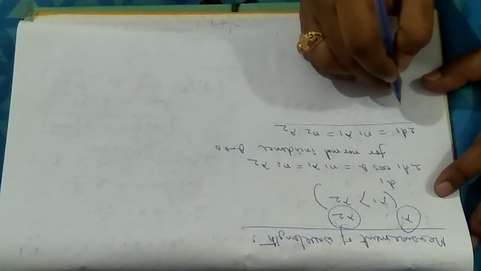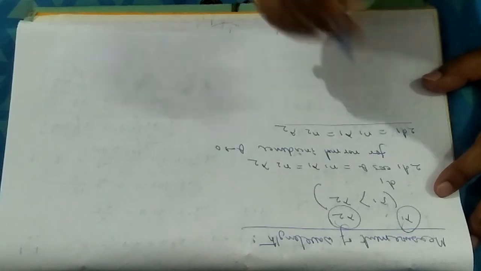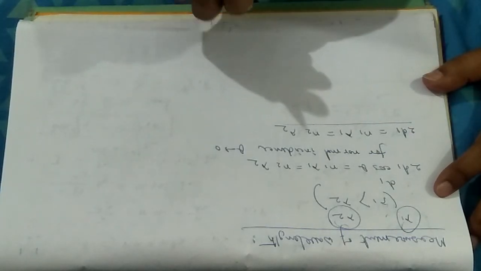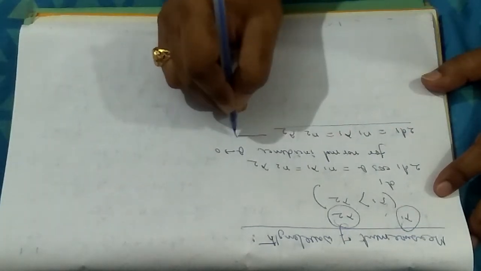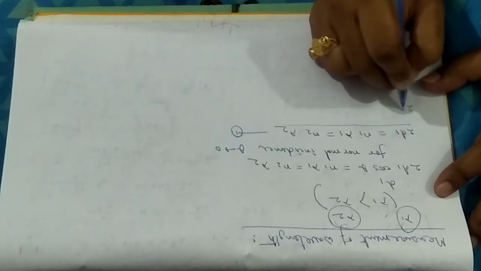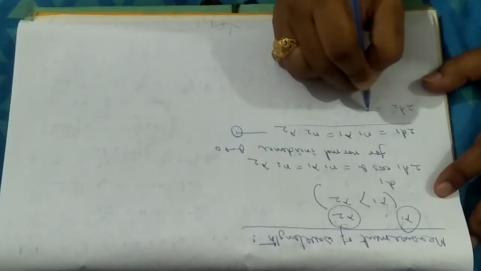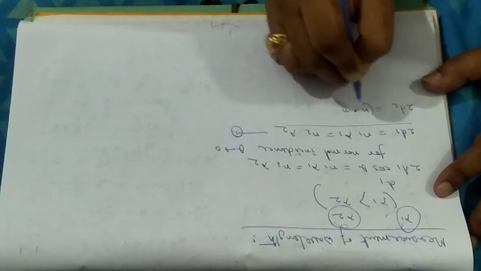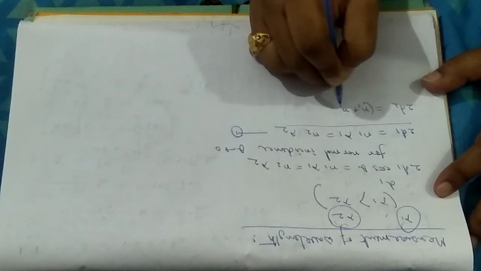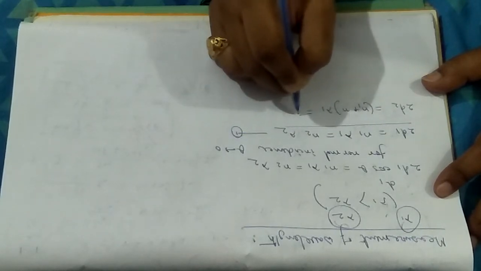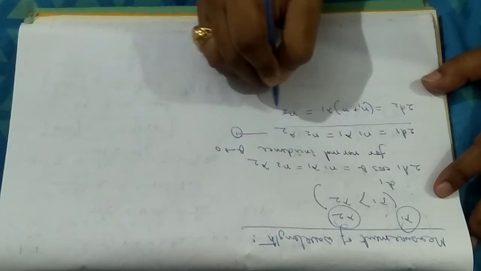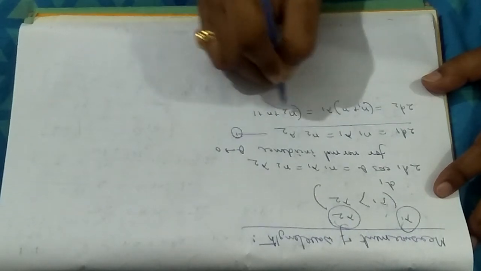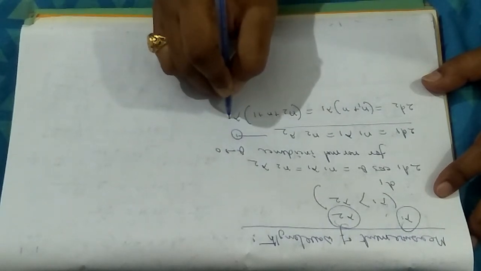Now I am changing the separation to d2 for the second coincidence to occur. For the second coincidence, the equation will be similar. Twice d2 will be equal to n1 plus n, nth order of lambda 1 is coinciding with n2 plus 1, the next order of lambda 2.